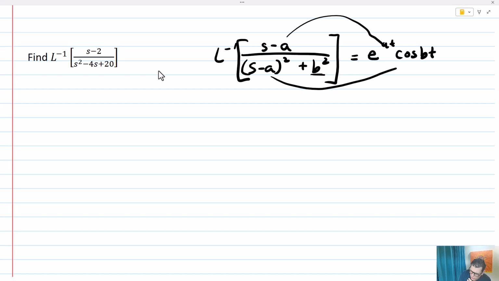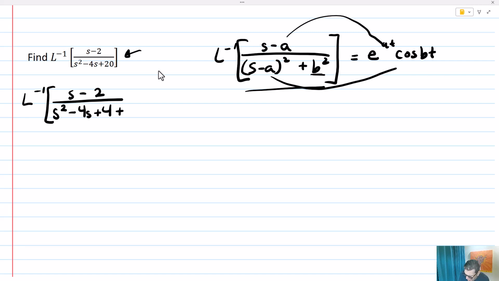So how would I go about changing this so that I can get it into this form? All it takes is a little bit of a trick. We're going to separate this out. I'm going to get L inverse of (s minus 2) over, and I'm going to divide out two pieces in order to complete the square. So I've got s squared minus 4s, then plus 4, and then plus 16. So I'll separate out my 20 into 4 plus 16. Notice that this is going to be s minus 2.